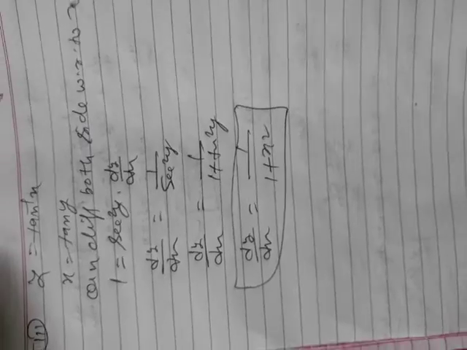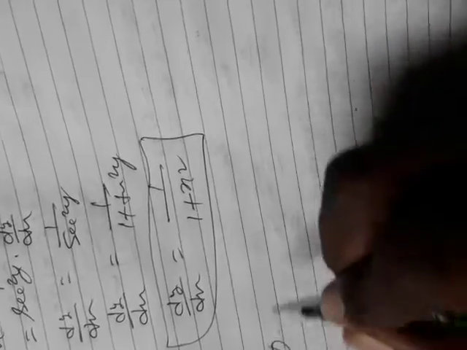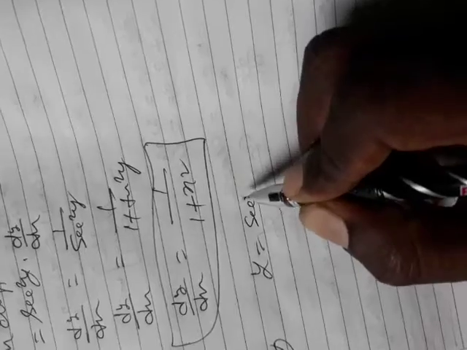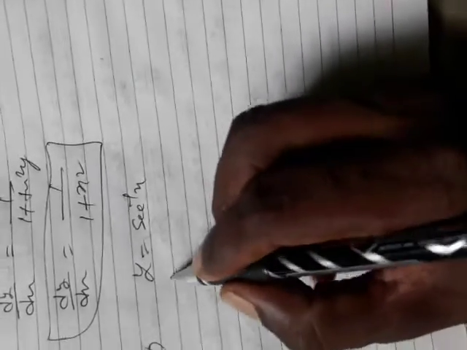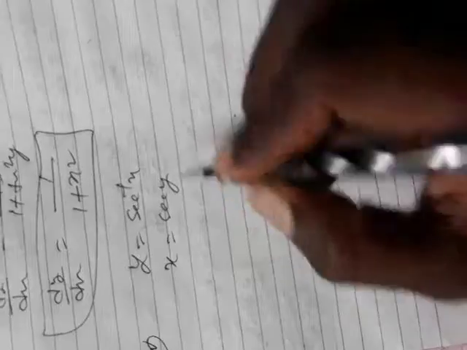In this way we can find the differentiation of all inverse trigonometric functions. Look here, I am going to do one more question. If y is equal to sec inverse x, and we have to find the derivative of sec inverse x, it can be written as x is equal to sec y.